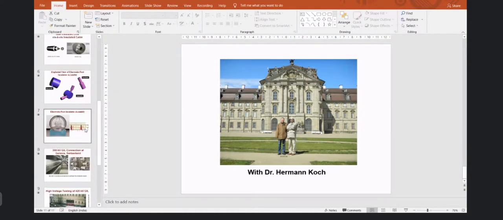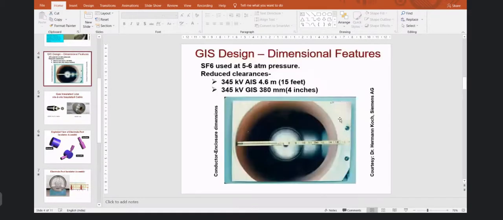So now, saying all that, the most important thing is this diagram, that with such a small spacing, when we are designing a 300 or 400 kV system, you have to estimate the field very, very accurately, because the moment you make a mistake, in all probability it will fail.